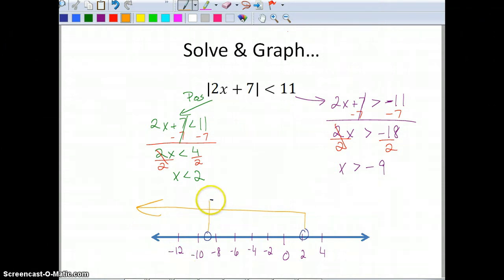No. What about 0? Yes, so I'm going to shade to the right. And because these overlap, my solution is only going to be the area where the solutions overlap. And once again, what kind of statement? And.